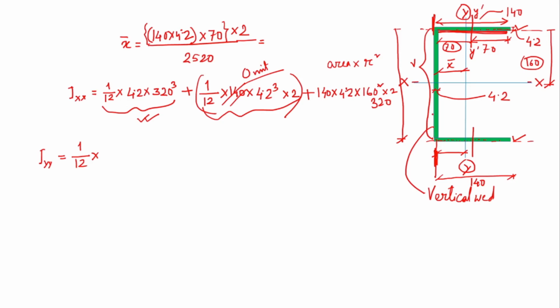B is the dimension of that element along the axis. So this is the y-axis, so along the axis its dimension is 320. So B is 320 and its perpendicular direction is 4.2. So 4.2 we have to cube. So 1 by 12 into 320 into 4.2 cube.